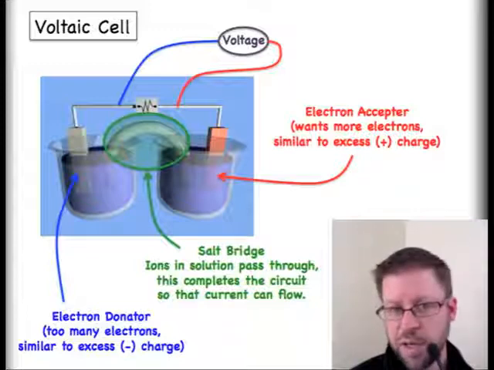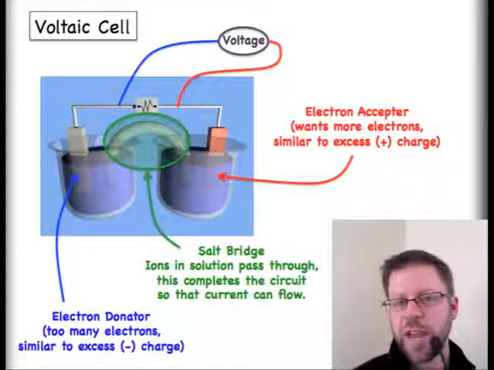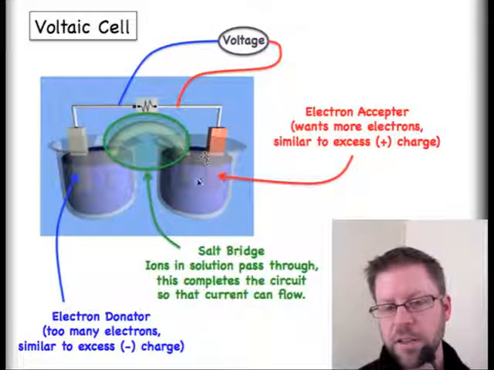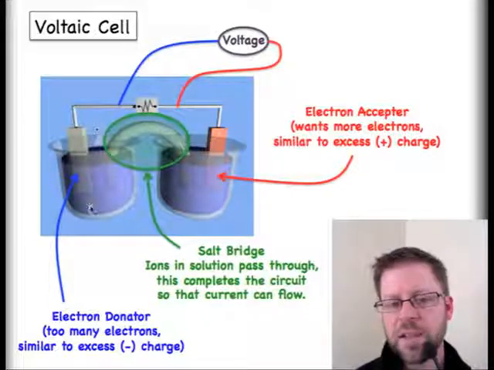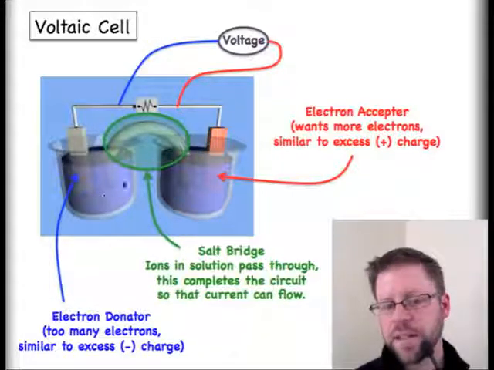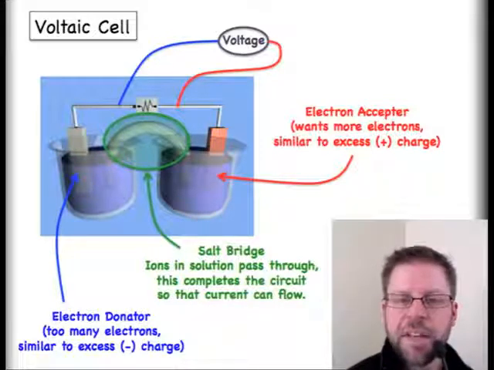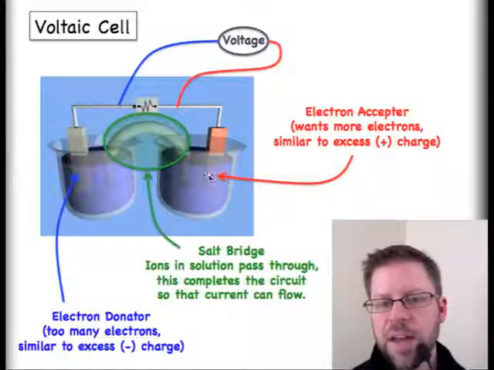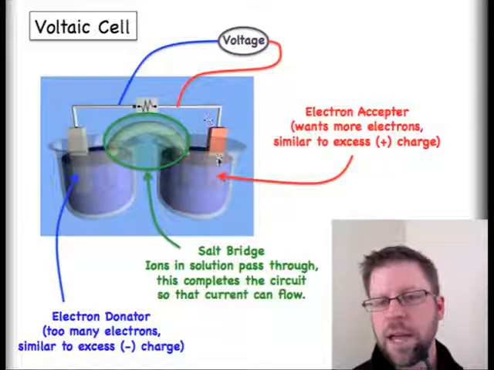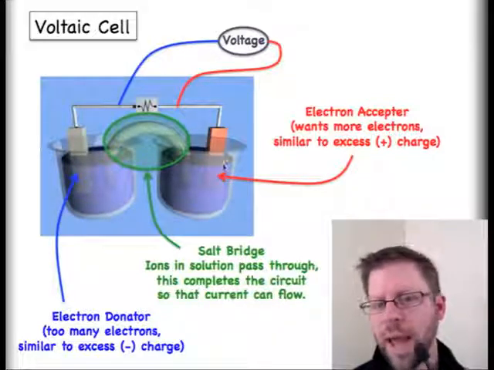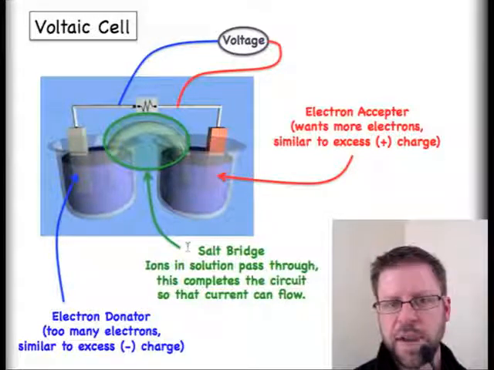There's also this other middle thing that kind of has to be there. This is called a salt bridge. Its job is to carry some of the ions that are in solution from this side to the other side, and carry some that are on this side back over here. If you like, think of it as completing a circuit. So if I didn't have the salt bridge, all I would have is one metal sitting here and a different metal sitting here with an open circuit, no actual path for electrons to travel through.